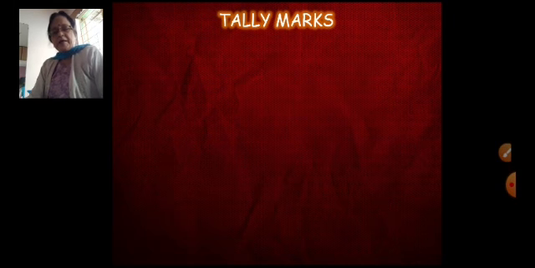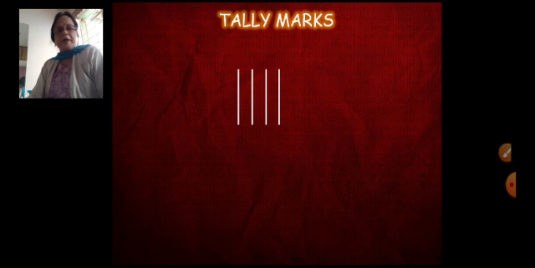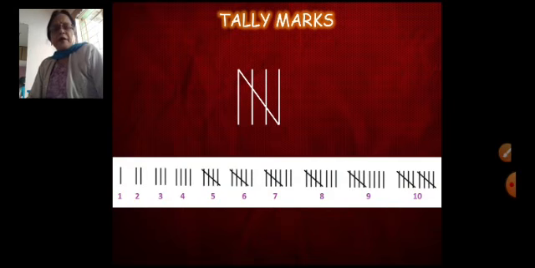To understand this, let's have a look. 1, 2, 3, 4: 4 are vertical bars and the 5th is the slanting line which intersects all four. Now look at a glance at all the numbers with the help of tally marks.